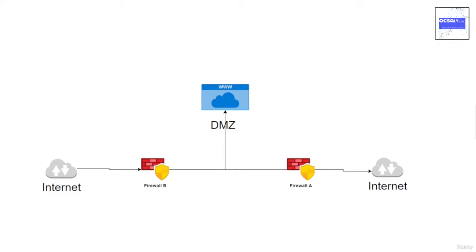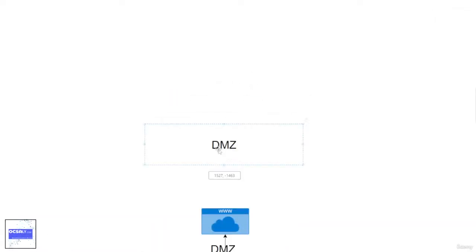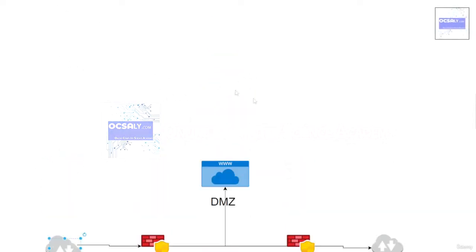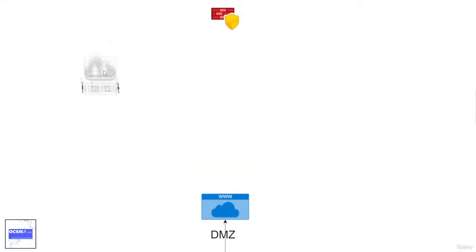So a more common implementation of firewalls is the three-homed firewall here. Let's actually create a diagram. Three-homed firewall. For this, we will need a firewall here, and two clouds here.